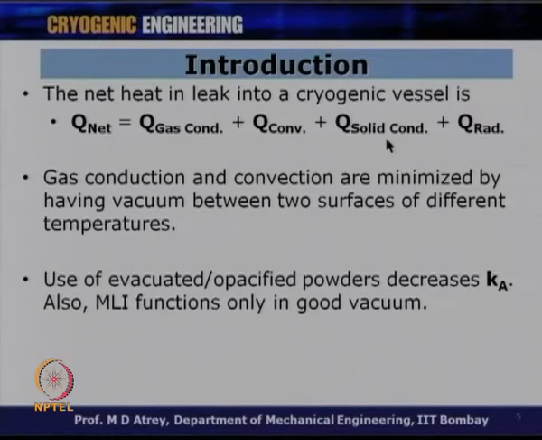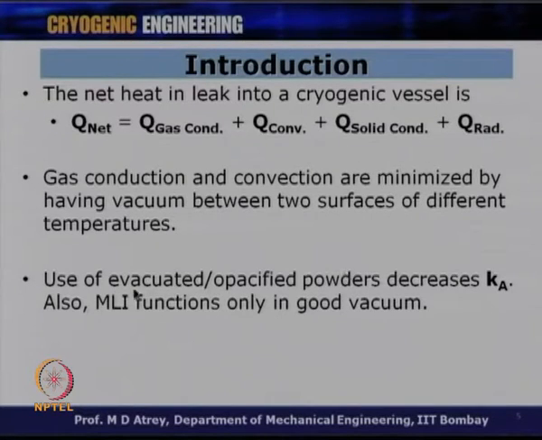Solid conduction is taken care of by different aspects, having a very small size of perlite powder or having spacers. We know that an optimum number of MLI layers could be used so that Q solid conduction could also be minimized. So, MLI can definitely reduce Q radiation, and it will also minimize Q solid conduction.